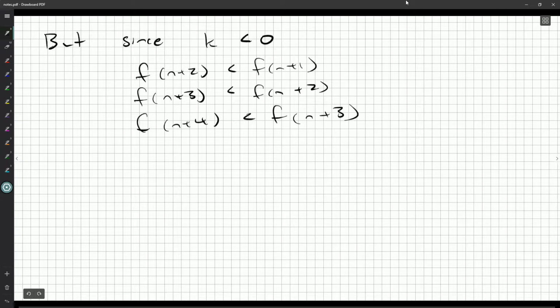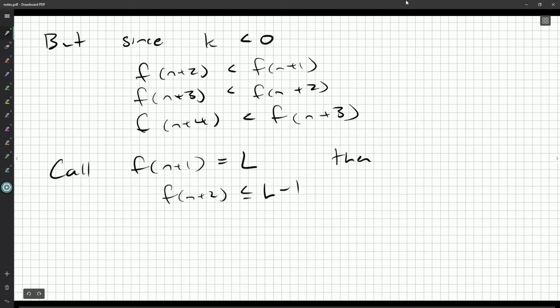Well, this can't happen. So again, we might say, call f(n+1) capital... so we used capital M, let's use capital L. So then f(n+1) must be less than or equal to L-1. f(n+3) has got to be less than this value.